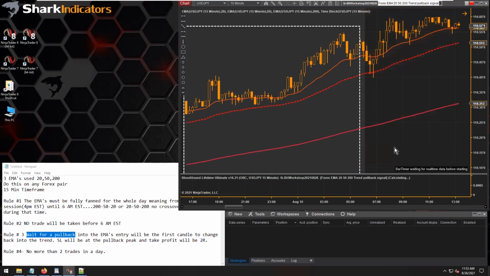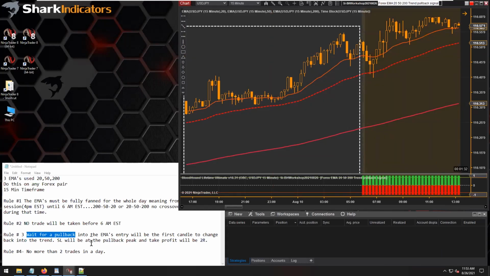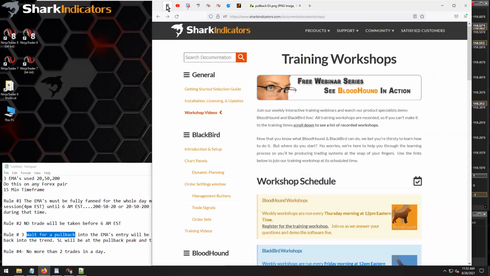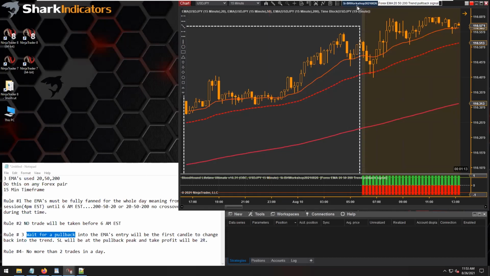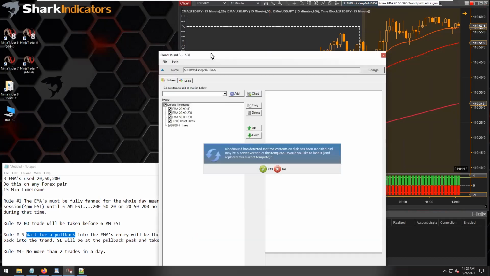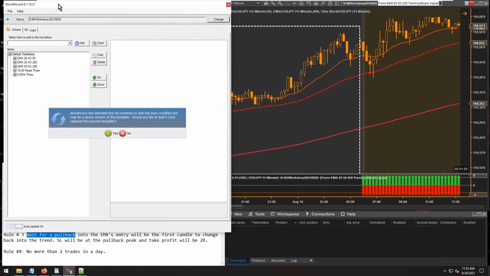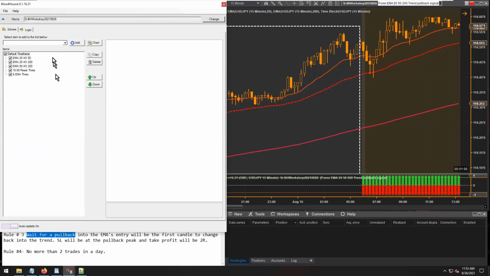And also, before I get going too far, let me pull up the time block documentation here. Actually, we can ignore that. I'm going to go to help and go to documentation link.